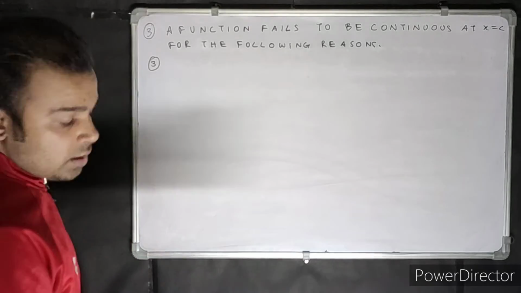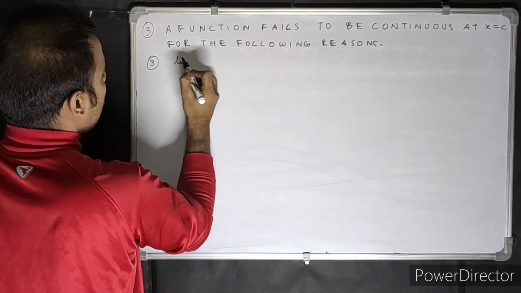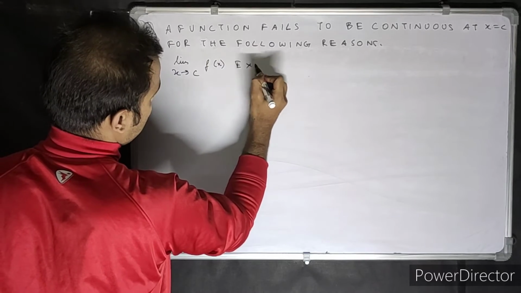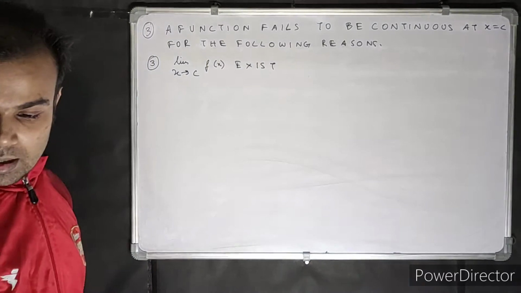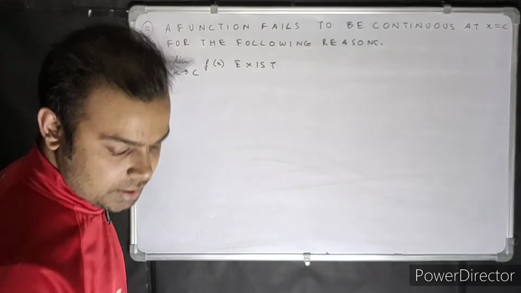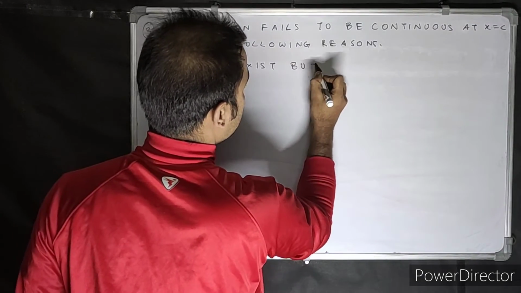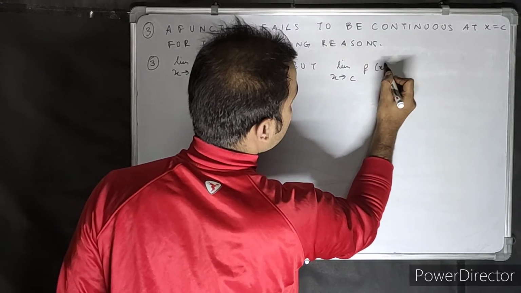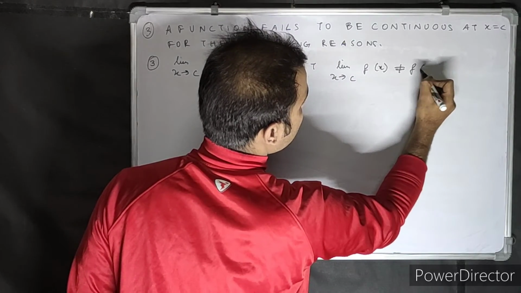Third part is limit of x tends to c f of x exists. Okay, it does exist, but limit of x tends to c f of x is not equal to f of c.